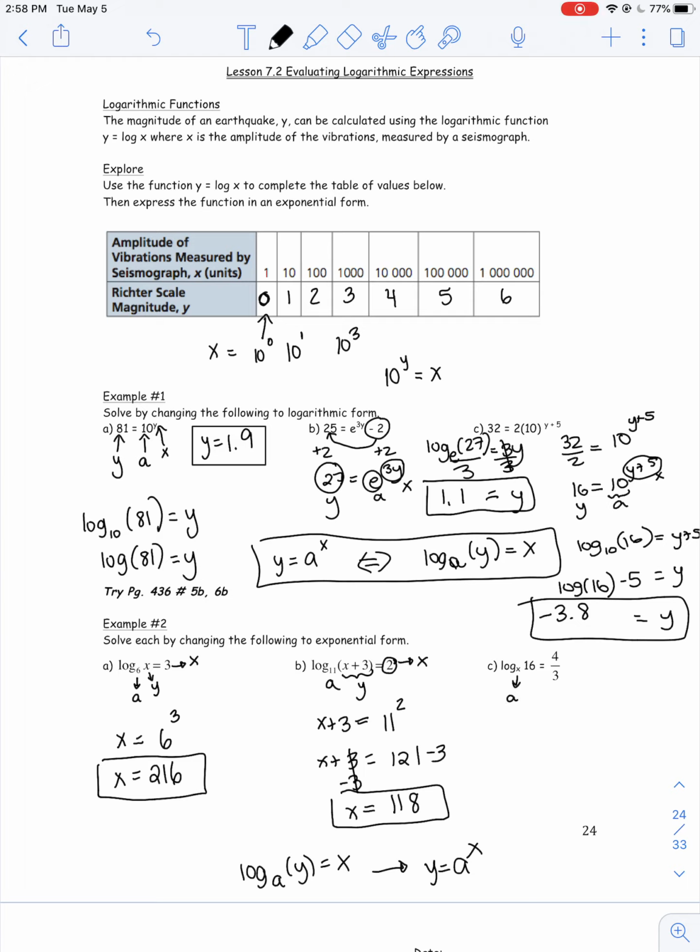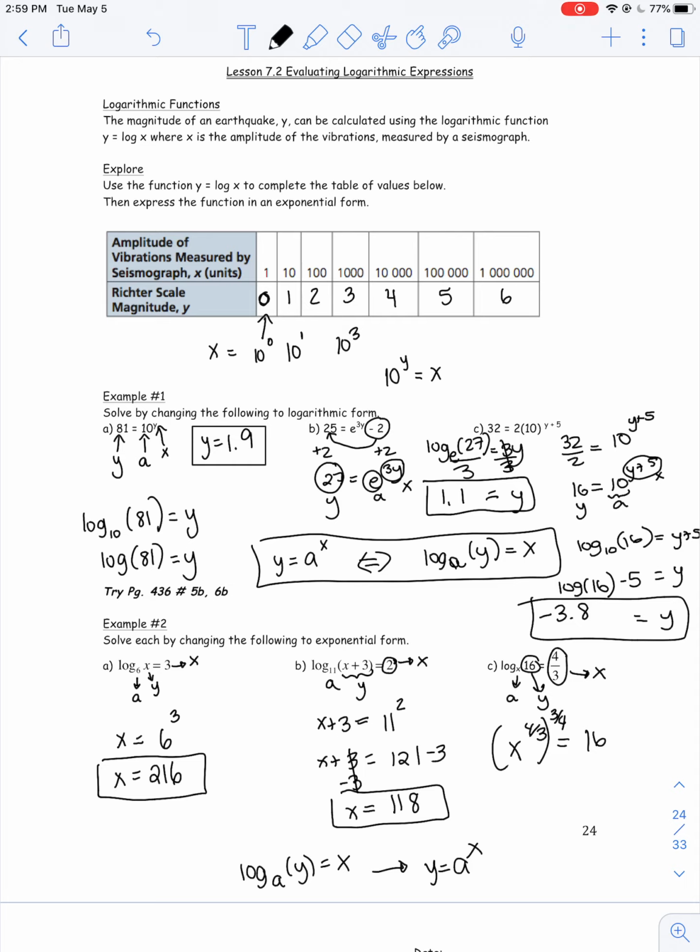Question C, we have log base x of 16 equals 4 over 3. So our x value is our value of a, 16 is our y, and 4 over 3 is our x. So we're going to have x to the power of 4 over 3 equals our y value, which is 16.